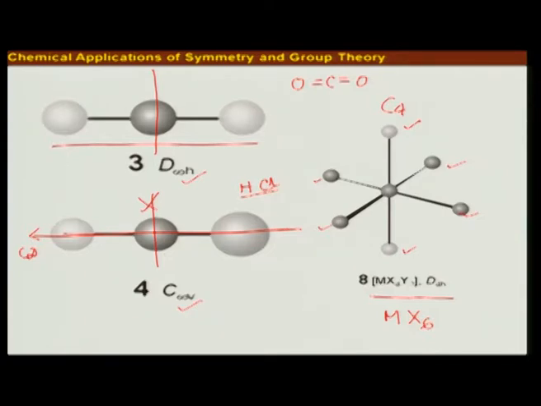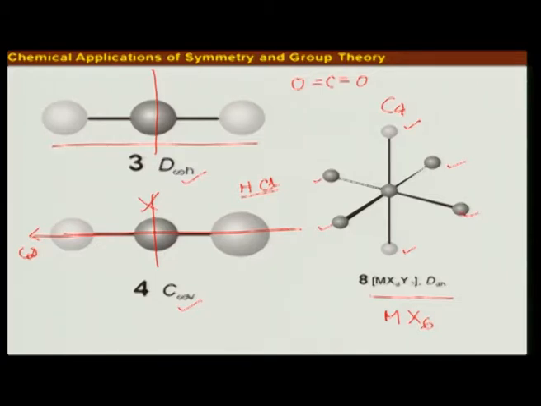Now, is there any perpendicular plane to this C4? Knowing that there is not more than one C4 here, I am talking about the element.